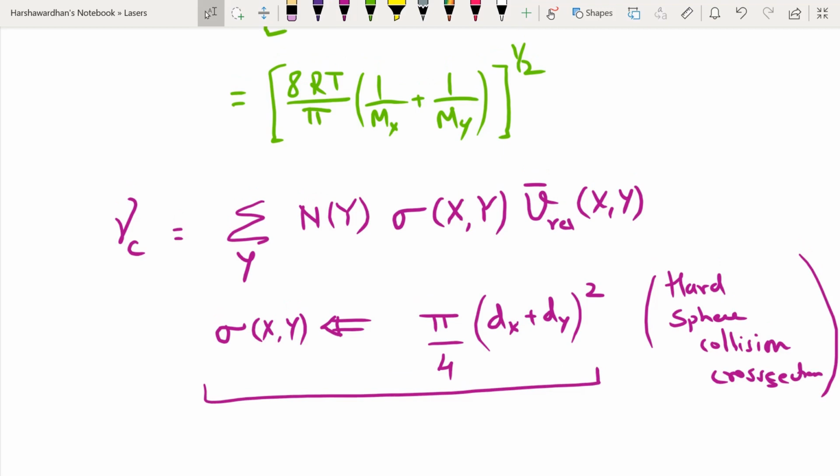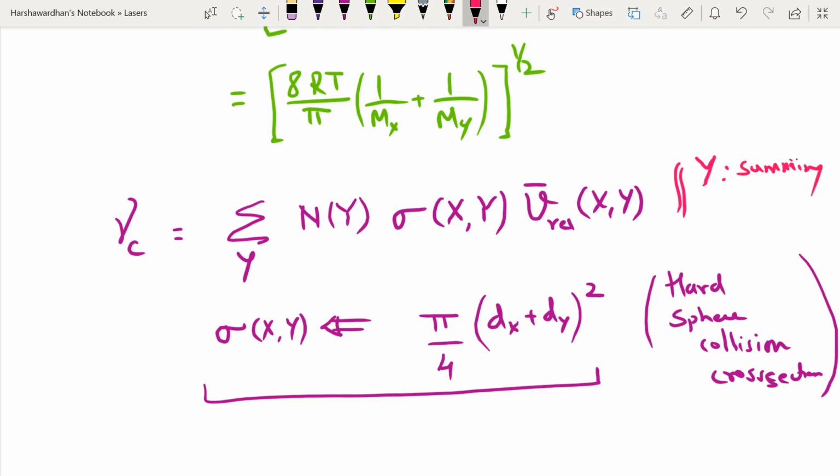Using a model of an ideal gas, one can relate the number density to the pressure of the gas itself, and that also helps us relate the collisional cross sections with the pressure of the corresponding gas. One quick clarification here: for the y species, one is also summing over x itself.